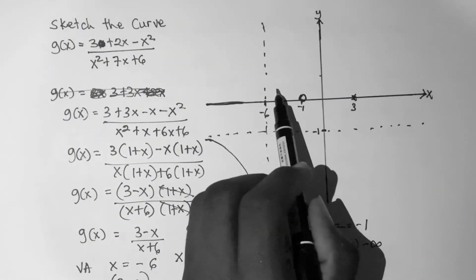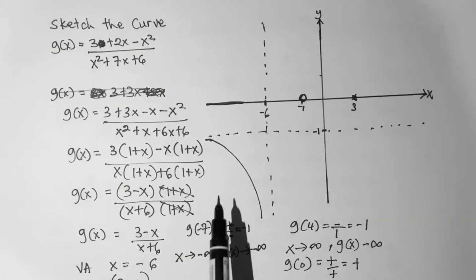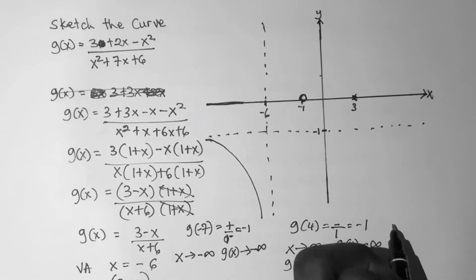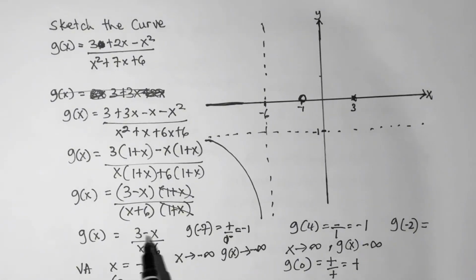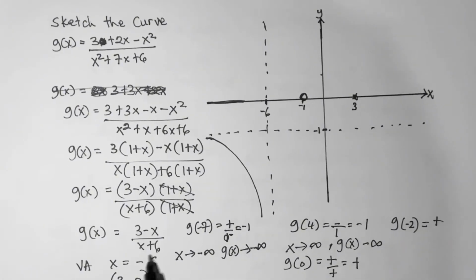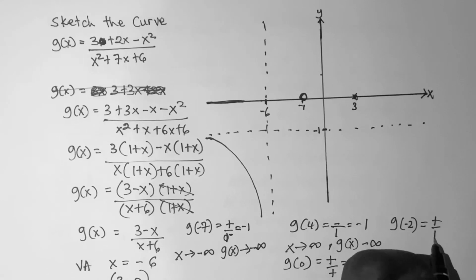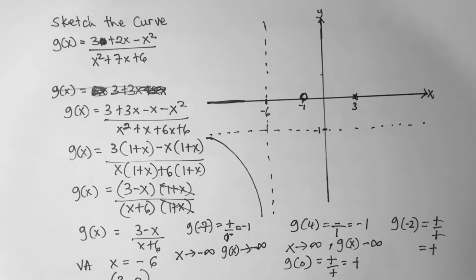Now let's check what is the nature of the graph in this region, which is between minus 1 and minus 6. So let's take a value like g of minus 2. So 3 minus minus 2 will give us a positive number, divided by minus 2 plus 6 is also a positive number. So therefore, the result is a positive number.